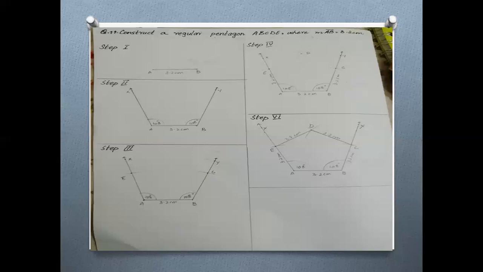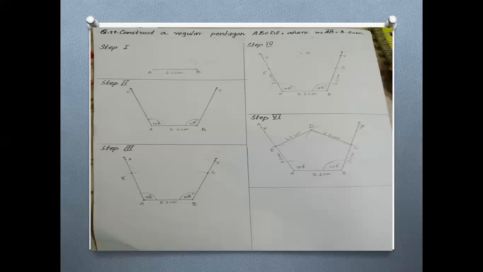Then with a protractor, draw the angle of 108, not 180, 108 degrees on point B as well as on point A. On both points, you will draw the angle of 108 degrees. You see that there is a ray BY and AX.